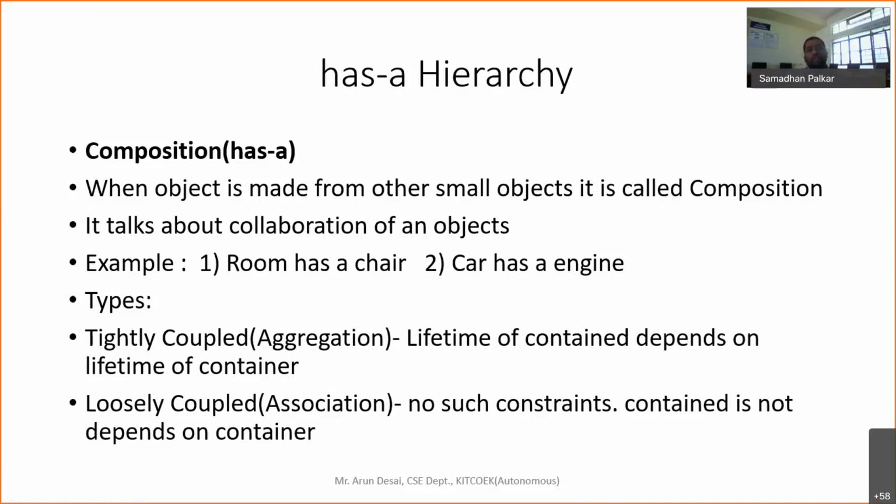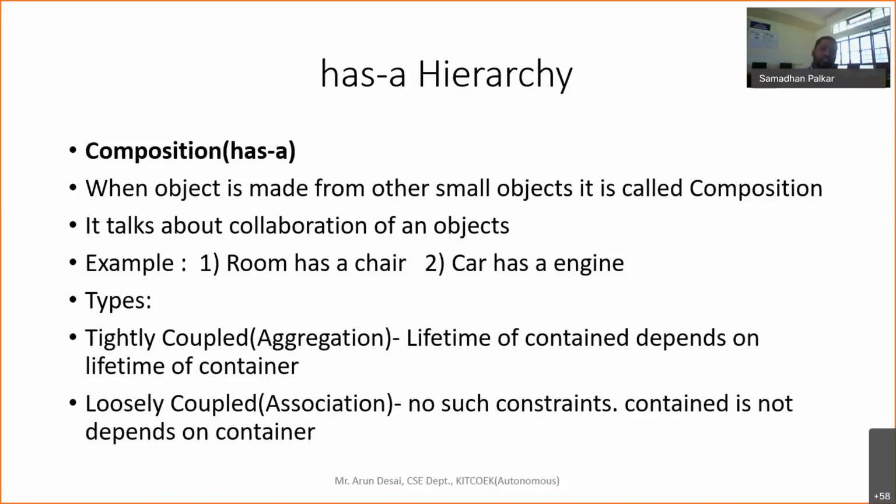In composition, there is tightly coupled composition and loosely coupled composition. Loosely coupled composition is called association, whereas tightly coupled composition is called aggregation. Aggregation means both things are important, so the lifetime of the contained object depends on the lifetime of the container.